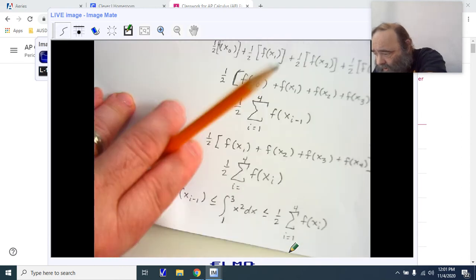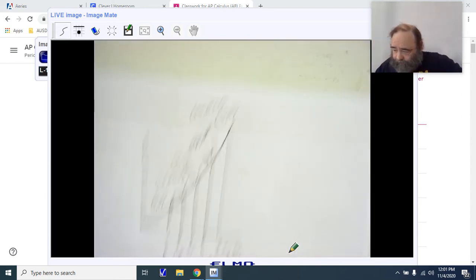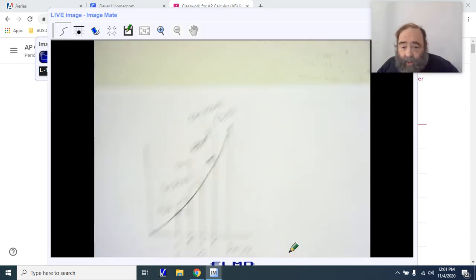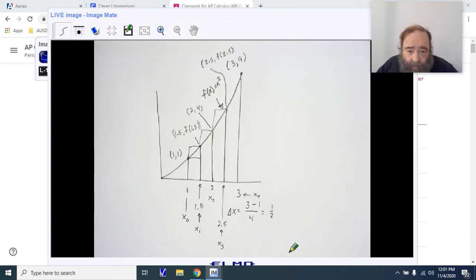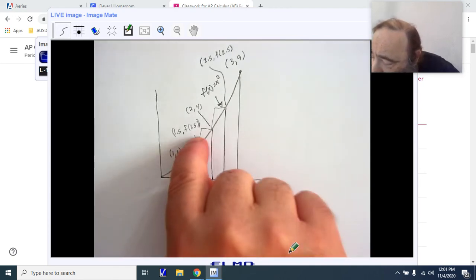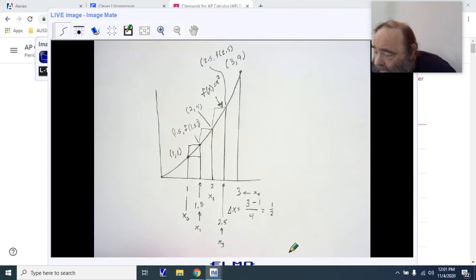Okay, let's just take a look one more time. We talked about an upper sum and a lower sum, how they work with one side or the other. We took x squared, broke it from 1 to 3 into 4 segments that were at 1, 1.5, 2, 2.5, 3.